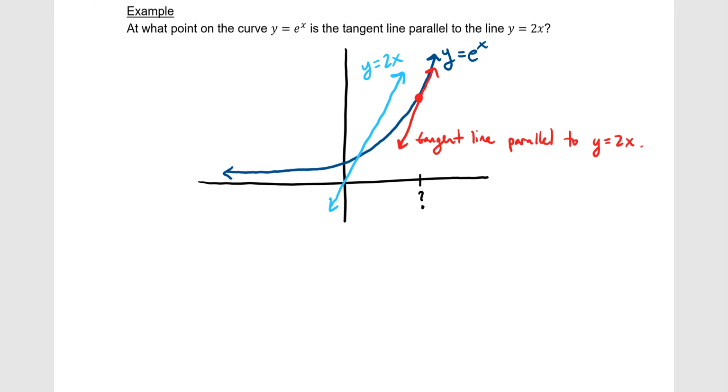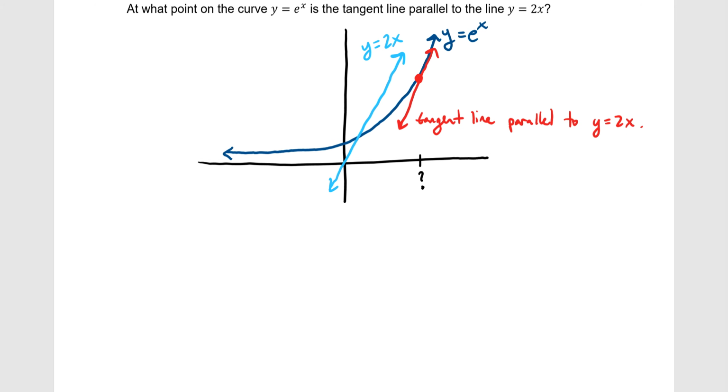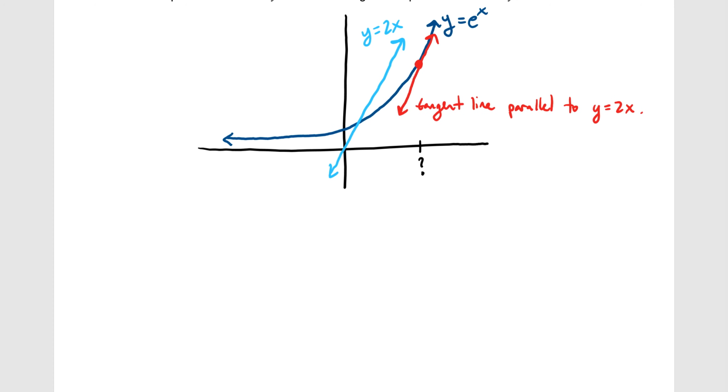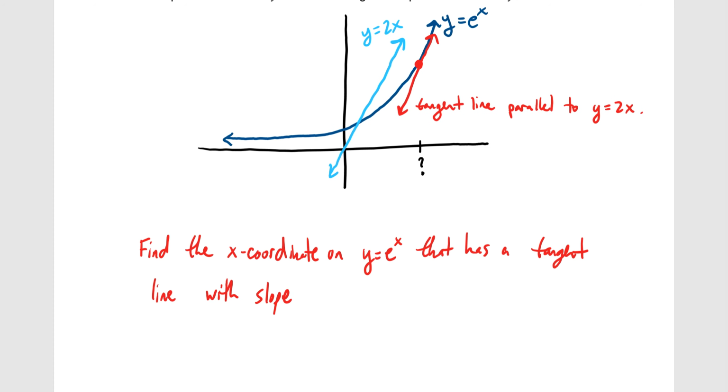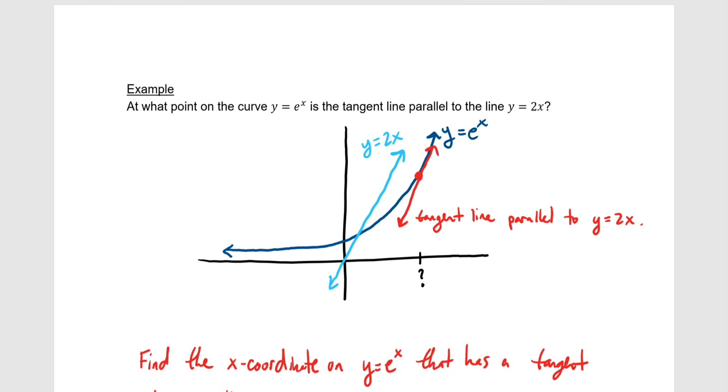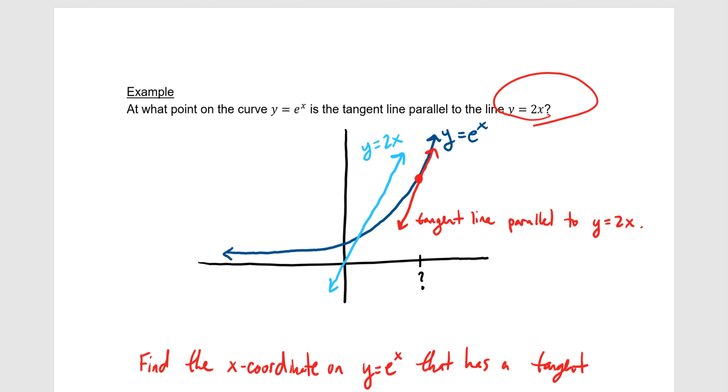So now we have to figure out how to do that. We need to find the x coordinate on y equals e to the x that has a tangent line with the same slope as this line, right? Parallel lines means that the lines have the same slope.